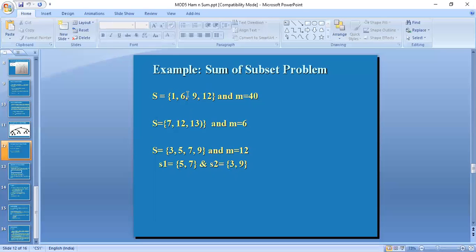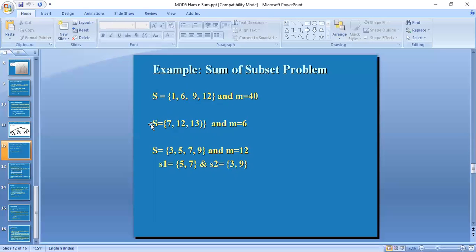So 1 plus 6 plus 9 plus 12 is 28, which is very much less than 40. Getting it? If the sum of all the integers is less than m, then you will not get a solution.